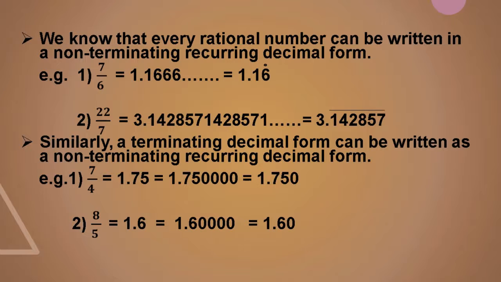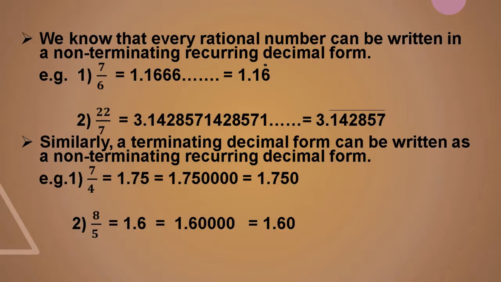We know that every rational number can be written in a non-terminating recurring decimal form. For example, 7 by 6. When we divide 7 by 6, we get 1.1666 dot dot dot.